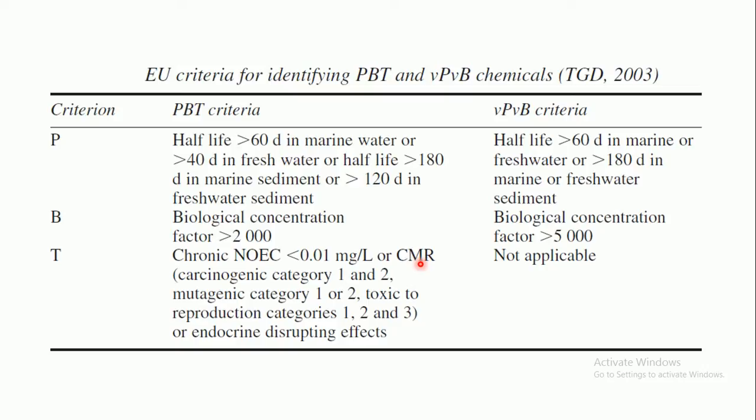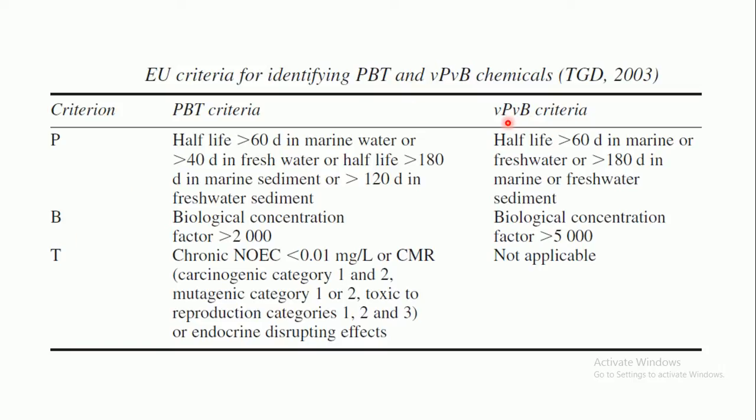Or if that particular substance is categorized as CMR, that is carcinogenic, mutagenic or reprotoxic. Okay, so these are the categories which have been described over here. Or if the substance has an endocrine disrupting effect, then it can be categorized as toxic.